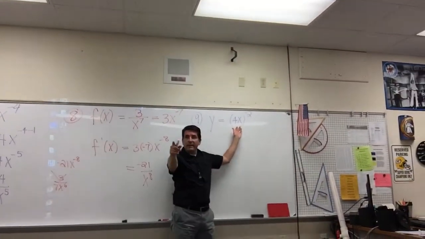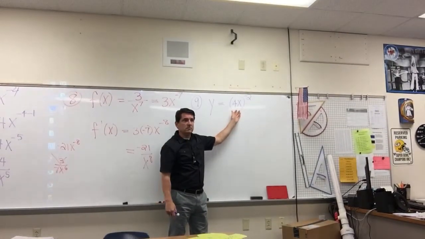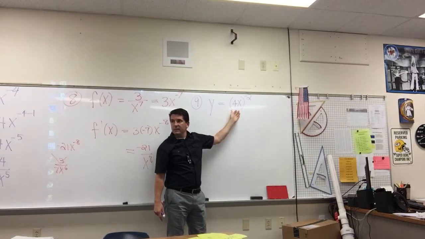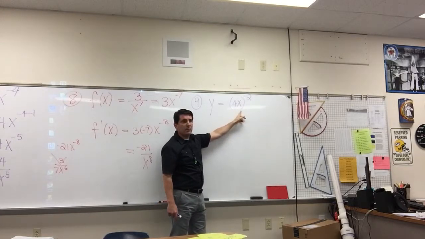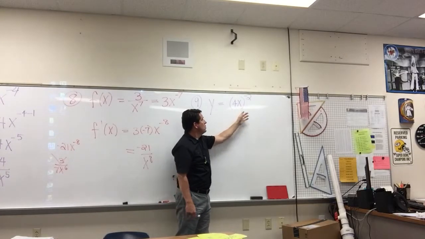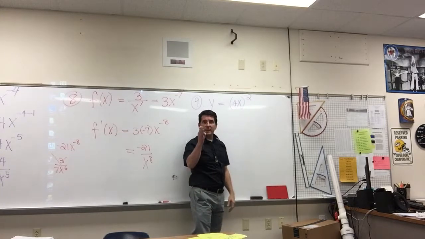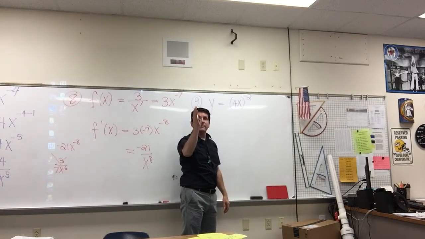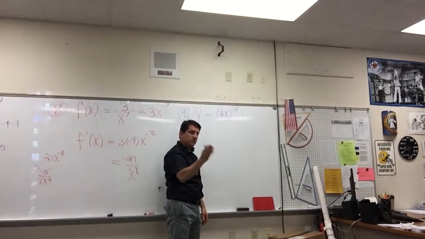Does it fit the format of the power rule? Kind of, but not exactly. See the parentheses? They mess it up. So we have to rewrite this until we can get it to look like k times x to the nth. That's the bottom line.